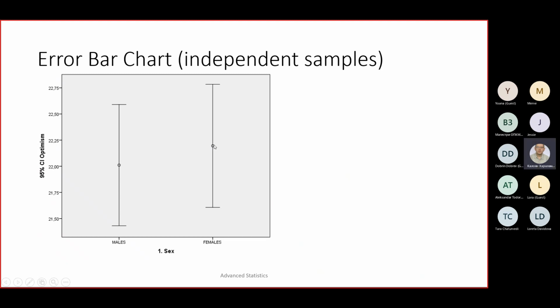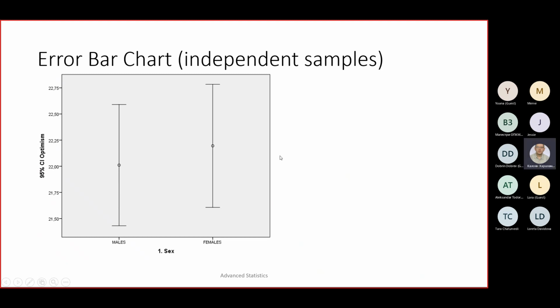So here you can see that the difference between means, the difference between these two points, is smaller than the errors, because the errors are here, they are too big, and the difference between means is here, and it is small. And since the difference between means, between estimations, is smaller than errors, that means that this difference is not statistically significant.